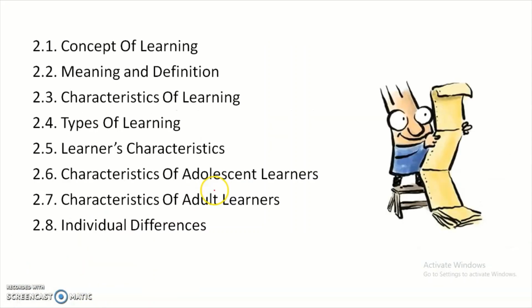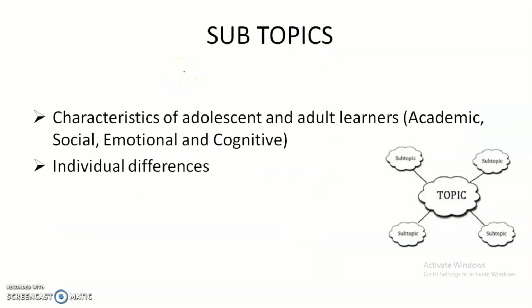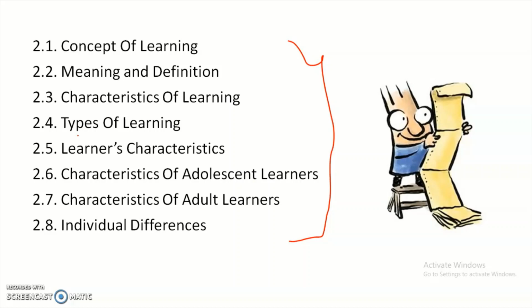But to make you understand clearly, I divided those two subtopics into eight subtopics. So don't get scared. All these eight subtopics are important for the exam. In the UGC syllabus they only give these two as subtopics of learner characteristics, but as per the previous year questions, we definitely have to go through all these eight subtopics, right?